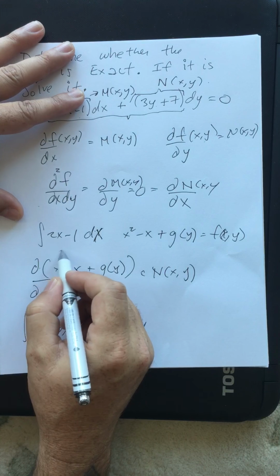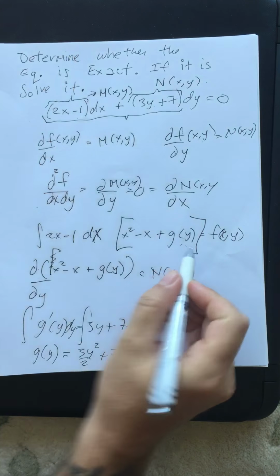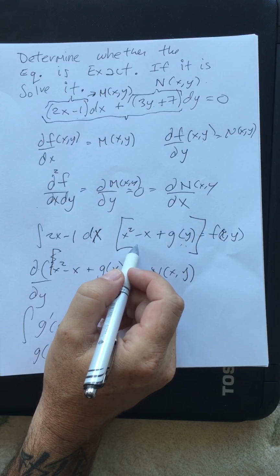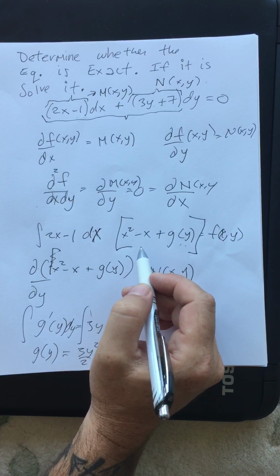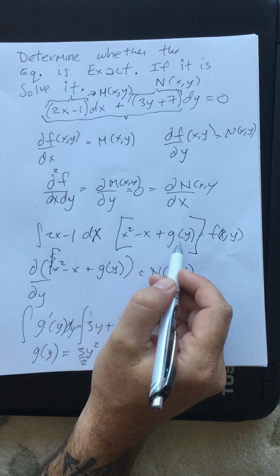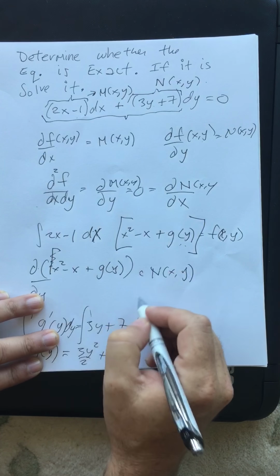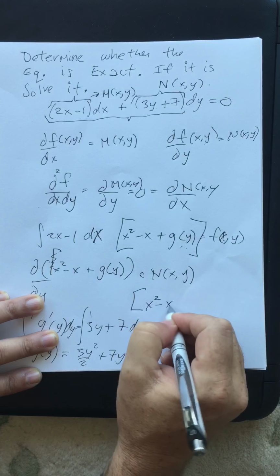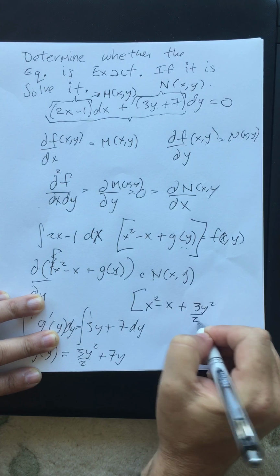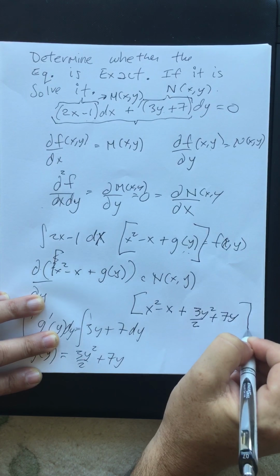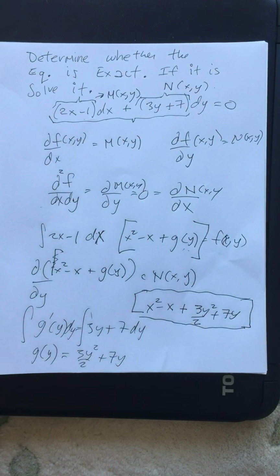This is our f(x,y), which we're trying to find. We didn't know the g(y), but we got the g prime of y, we integrated it, and so now we have g(y), so we can put it all together here: x squared minus x plus 3y squared over 2 plus 7y. And that's our answer.